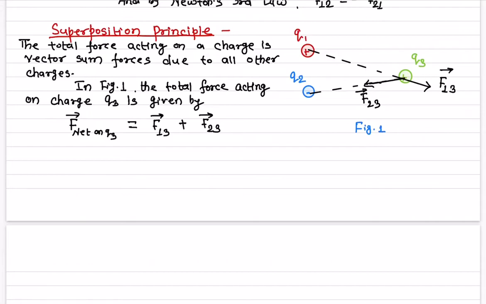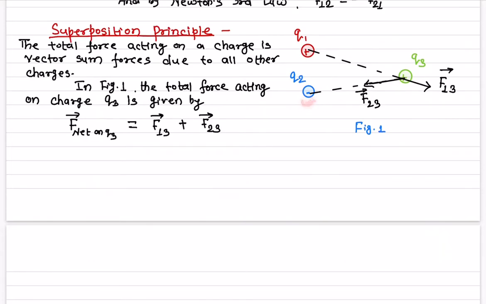So the force onto charge 3 due to charge Q1 is repulsive because both are positive charges, so they try to repel each other. The direction of the force onto the charge 3 due to the charge 1 is away from the line. If you connect a line, then this force F13 is away from the charge.